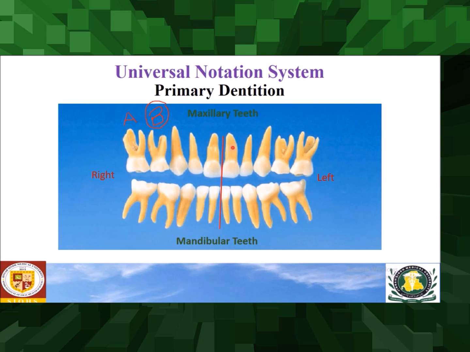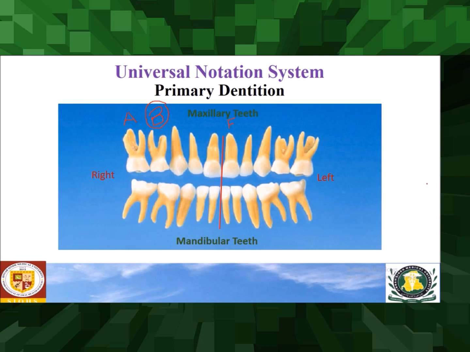For the left maxillary central incisor, the alphabet is F, in capital letter. So B, after B comes C, D, E and F. So this is for the left maxillary central incisor.